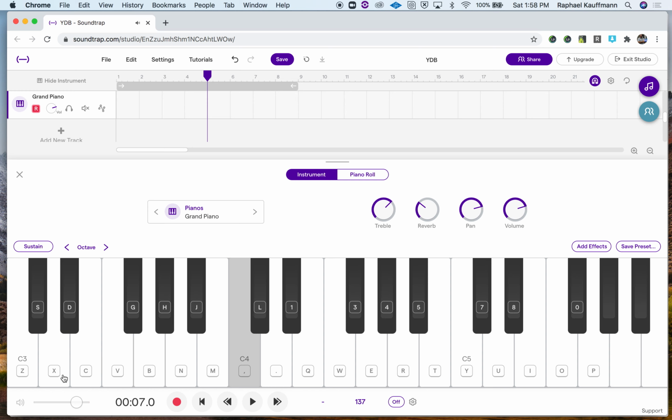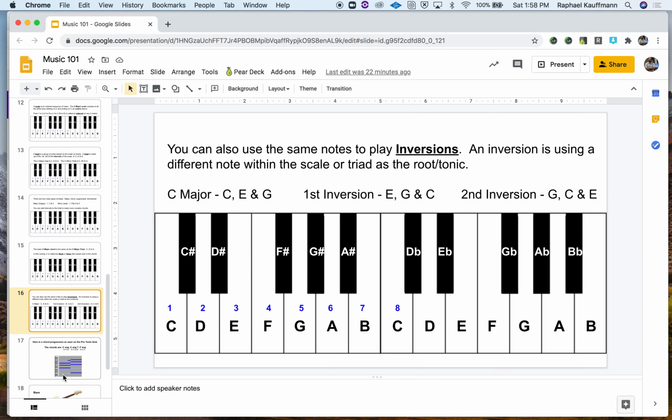So the first inversion is E, G, C. And then if you start the chord on G, C, E, that's called the second inversion. So they're all the same notes, but C major is C, E, G, the first inversion, E, G, C, second inversion, G, C, E.